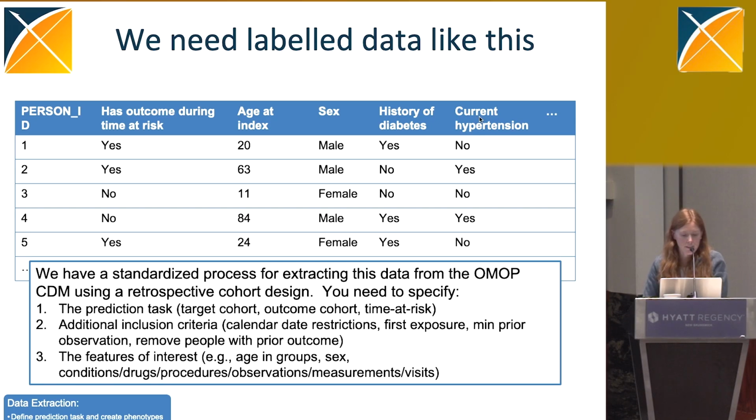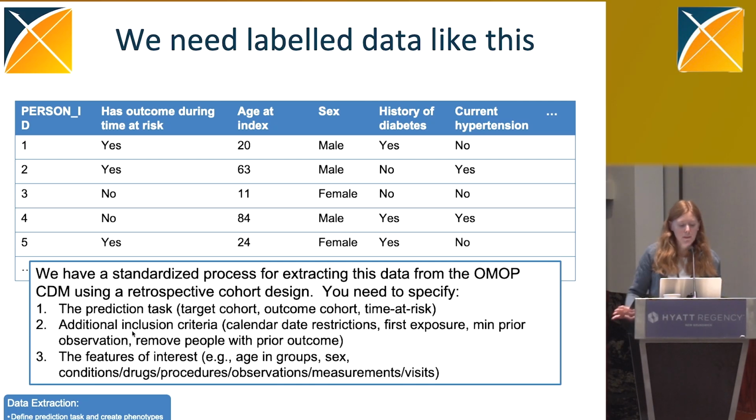What are they currently having? What drugs did they take recently? What drugs did they take in the past? So we need to have code that goes from the OMOP CDM to this data. And we have a standardized process. As long as you know your target cohort, your outcome, and your time at risk, we have a process for extracting this data in a very transparent and clear way.